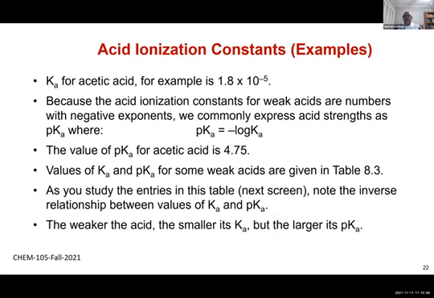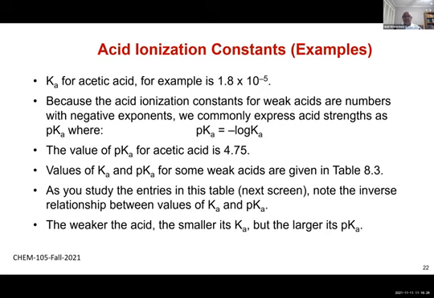So if I give you a list of K sub A values for weak acids, the strong acid has a large K sub A value, but there is an inverse relationship.